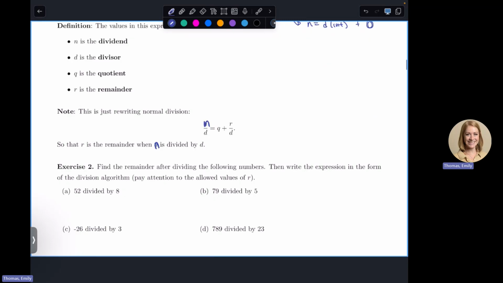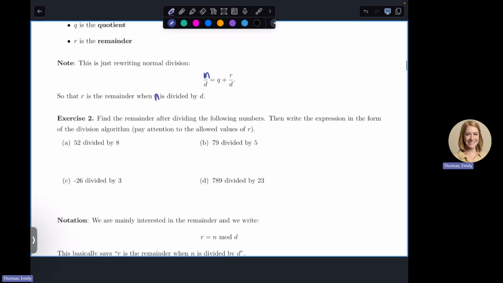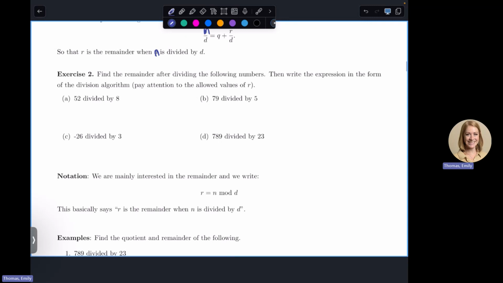Okay, so what we're going to do right now is look at these guys. We're going to write them with the quotient remainder theorem. This is also called the division algorithm, which is fun. Y'all like algorithms? Not you, Sky. Everybody else, not you, Ruth. Everybody else likes an algorithm. No? Whatever. Okay, so we're going to do 52 divided by 8.